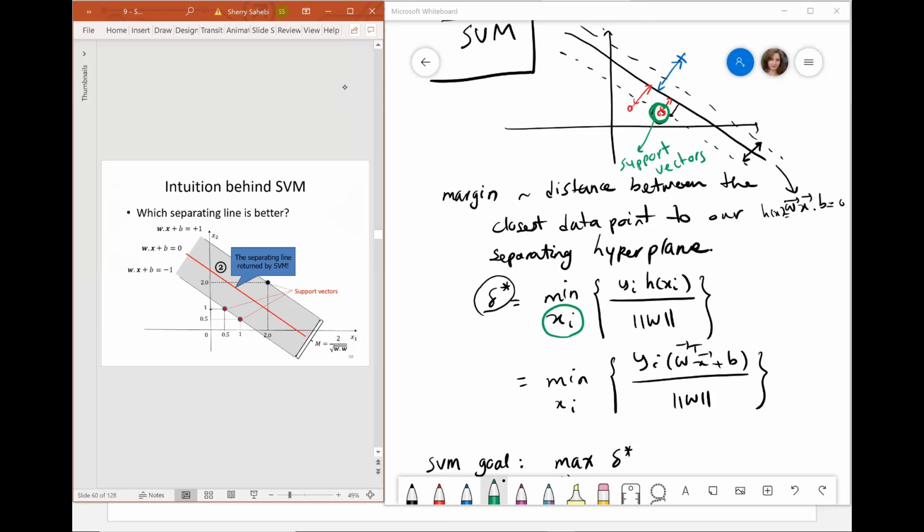In slide 60, when we have this red separating line, the margins can go away from this line as much as they hit these data points that are the closest, supporting these margins. It's as if these points are supporting the margin so that it doesn't move beyond them. So that's why these data points are called the support vectors in SVM.